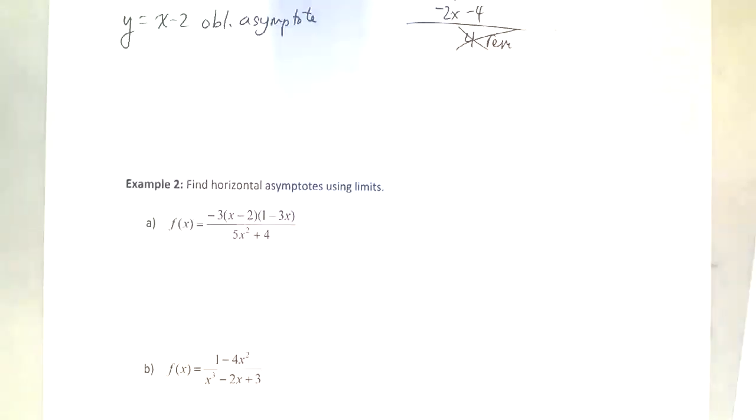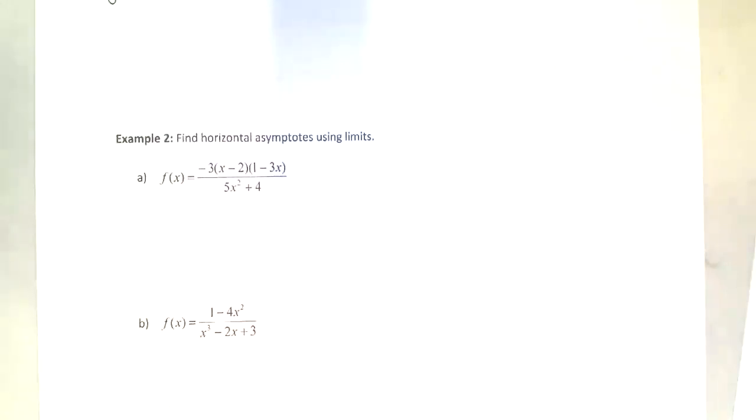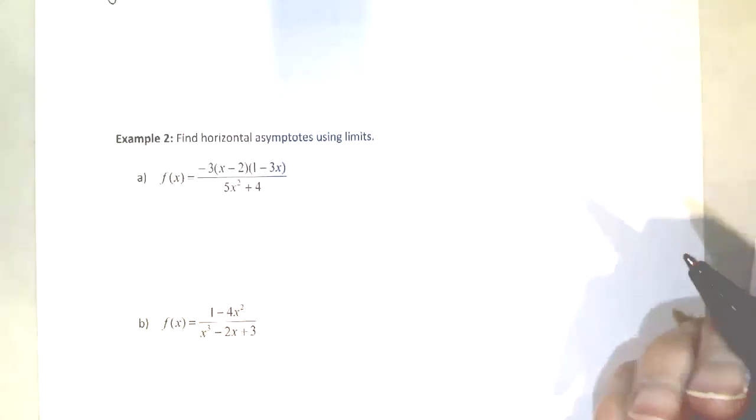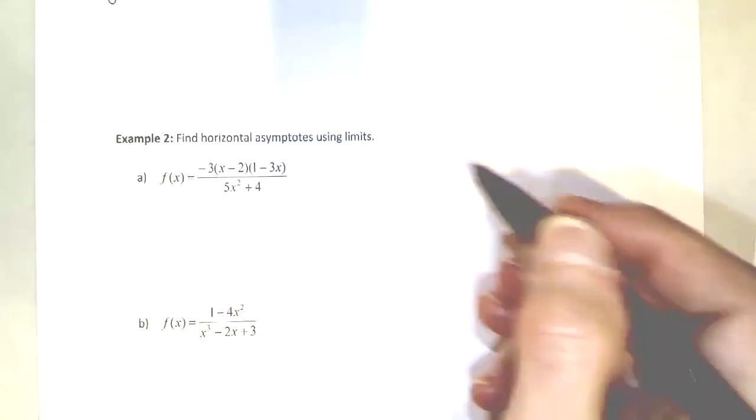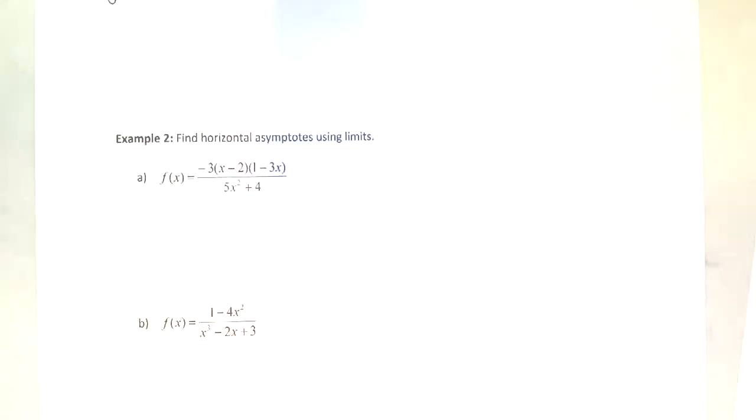But what is new is if I ask you specifically to find the horizontal asymptotes, but you must do it through the process of evaluating the limit as x goes to infinity. We're not looking at verticals in these particular examples. In order to do this, I really have to expand that numerator first.